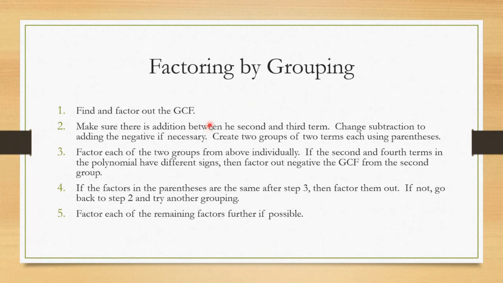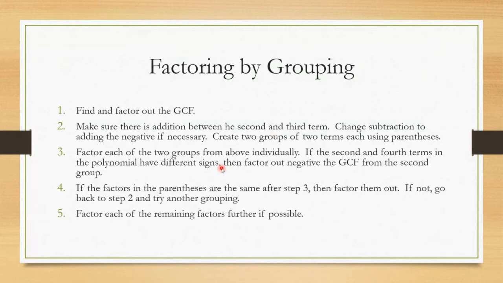Then you want to make 2 groups of 2 terms each using parentheses. And you really want to make sure, as you'll see in the examples, that addition is between the second and third term. You may have to change subtraction to adding the negative. That's really optional, but I think it's easier to do it that way. But I will demonstrate through examples today.